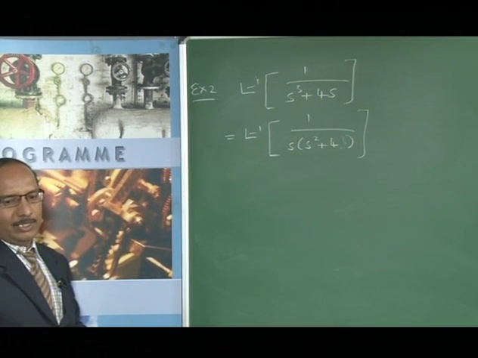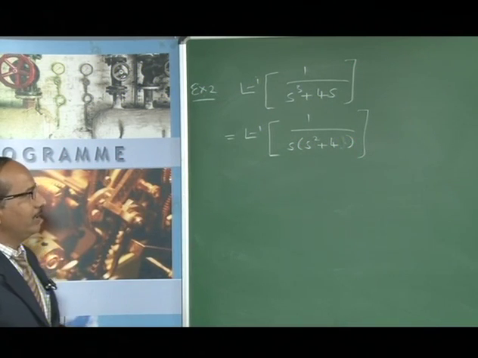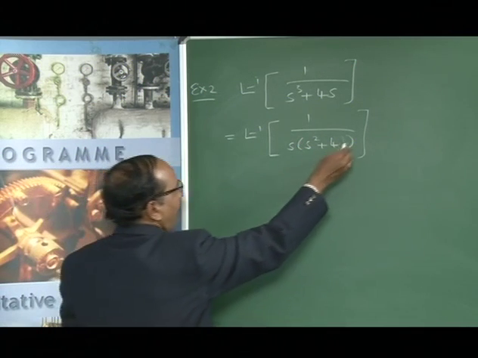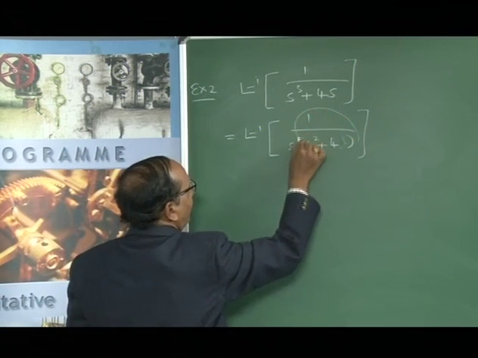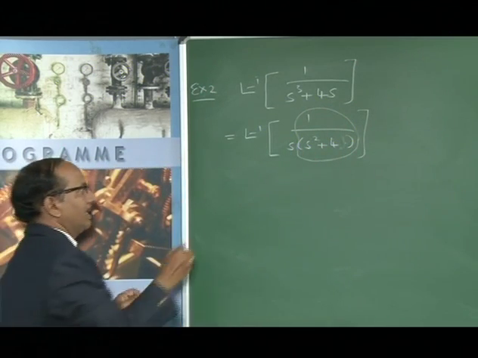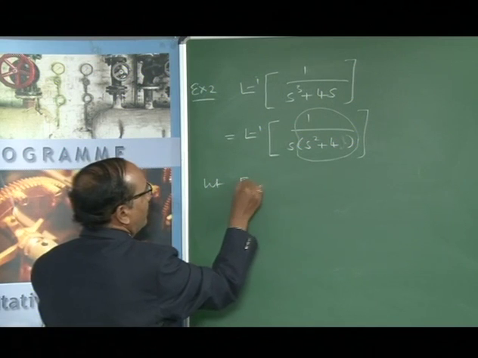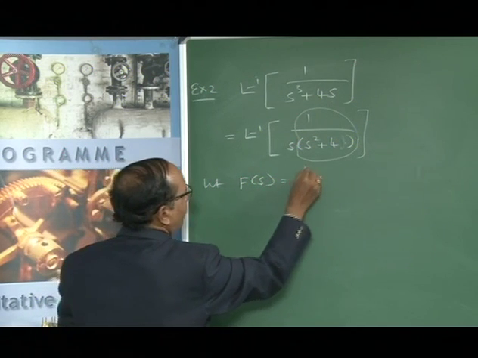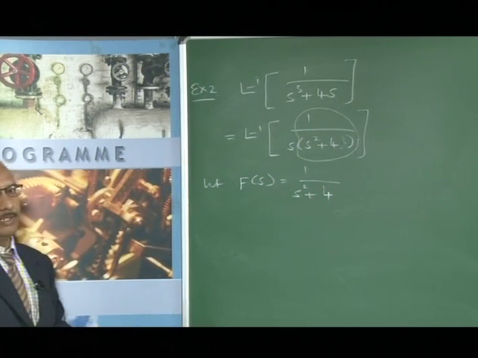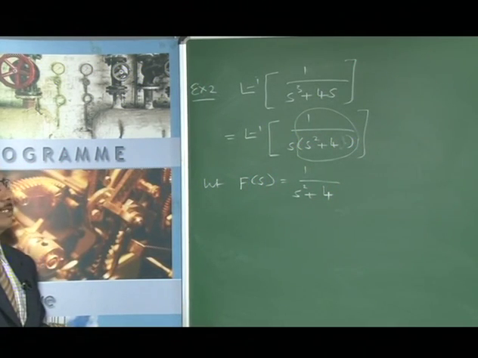Or we can use the inverse Laplace transform using the integral form. Here you identify one function as f of s, and the other one is divided by s. So, consider f of s is 1 divided by s square plus 4. We need to consider an f of s whose inverse is known.